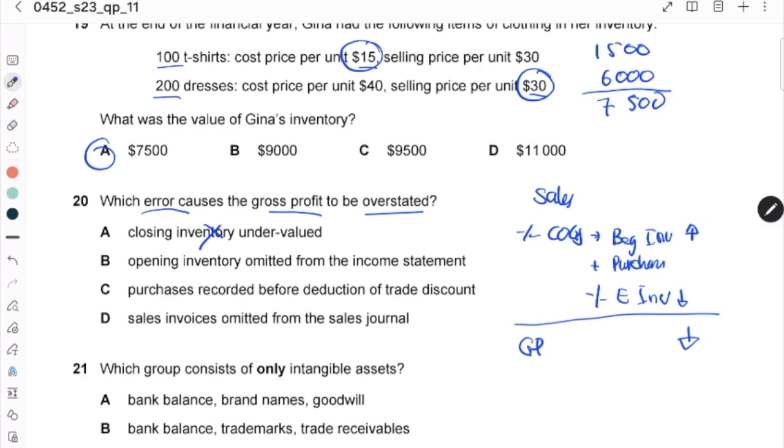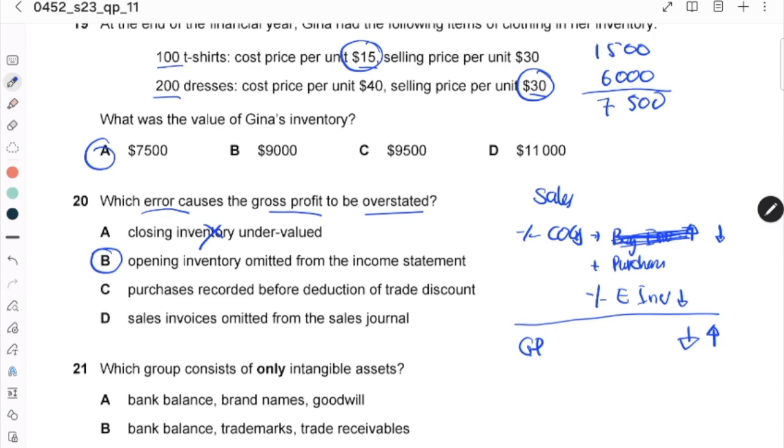So it's not A. Opening inventory omitted from the income statement means COGS will be understated. If COGS is understated, the gross profit will be overstated.